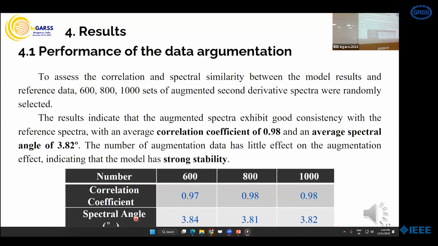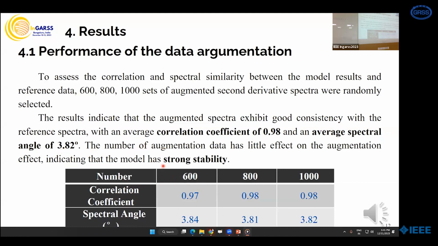The result indicates that the augmented spectra exhibit good consistency with the reference, with an average correlation coefficient of 98 percent and an average spectral angle of 3.82 degrees.